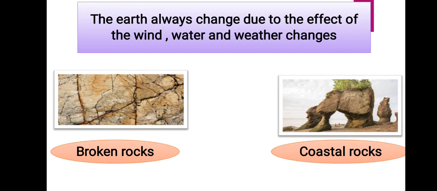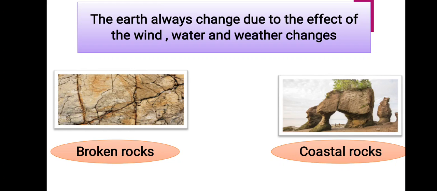Due to the effect of the sea waves, after many years, the sea waves can make holes or openings, as we can see in this picture. The sea waves can change the shape of the coastal rock.